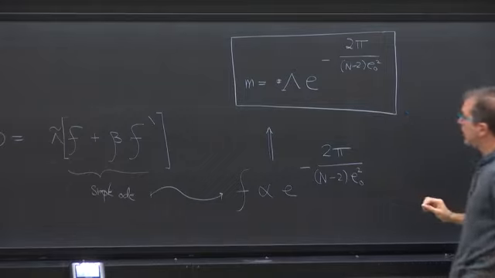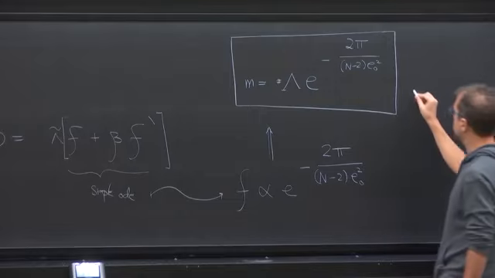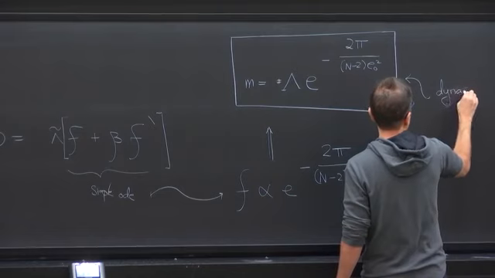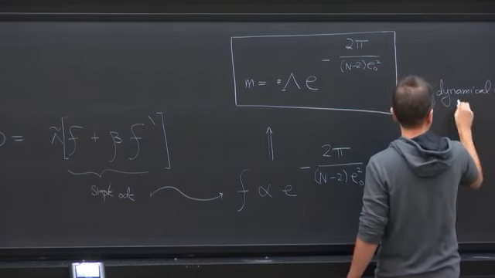The fact that you started with a coupling that was dimensionless and you generated a mass is what is called dynamical mass transmutation.